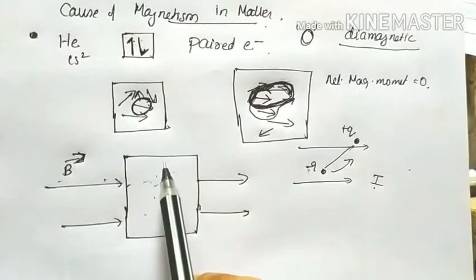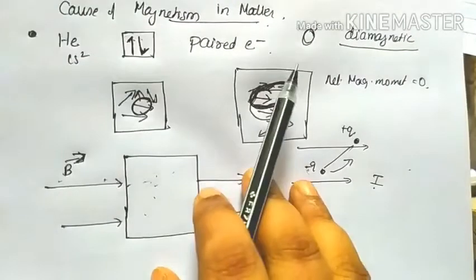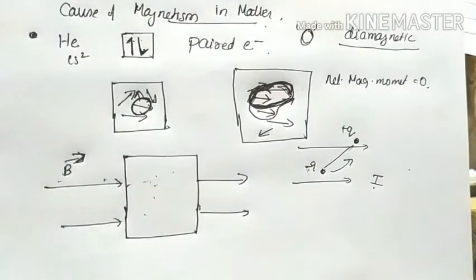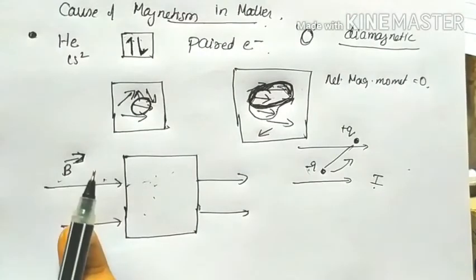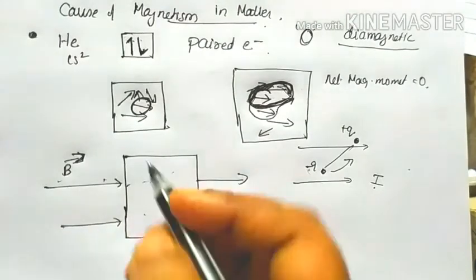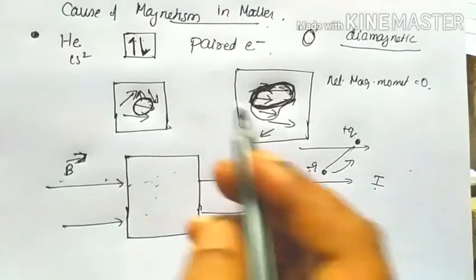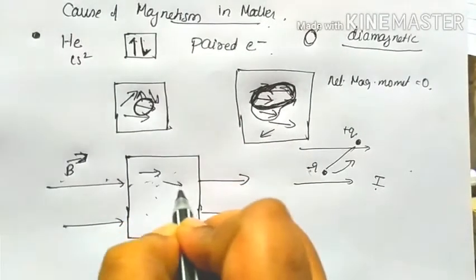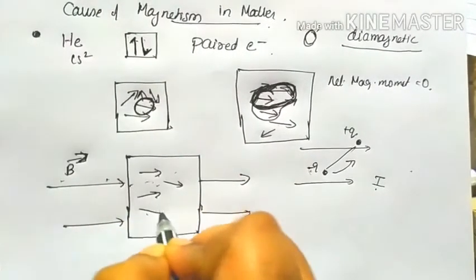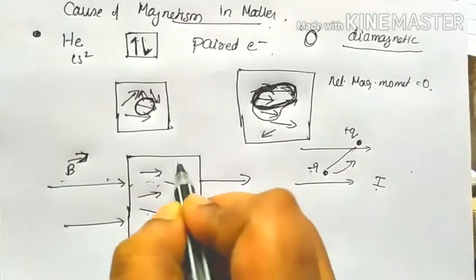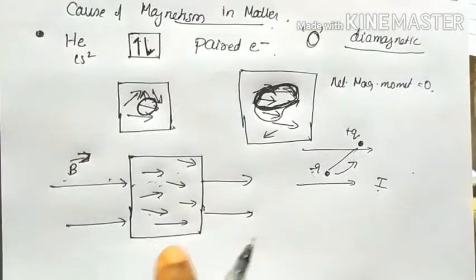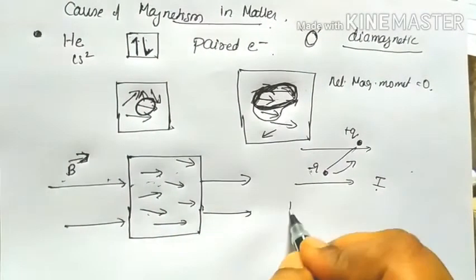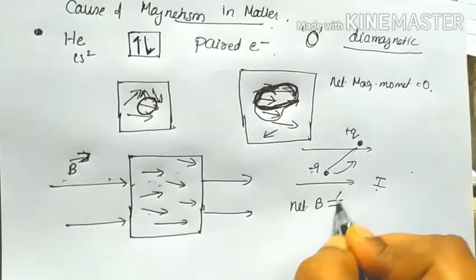This torque will align these dipoles in the same direction as the applied magnetic field. Suppose initially it was random, now all the dipoles will be not exactly straight but similar in this direction, so that the net magnetic field is not equal to 0.